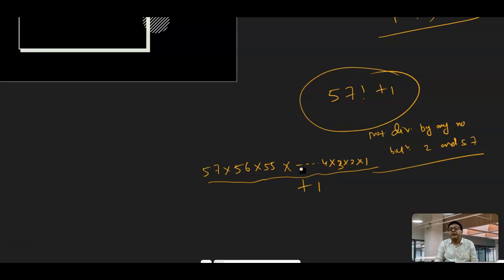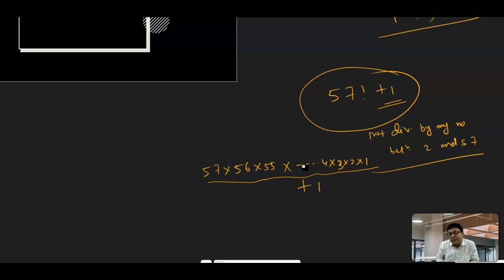No remainder is remaining. So if you divide by 57, no remainder. If you divide by 55, no remainder. Divide by 3, no remainder. But if you write plus 1, every time the remainder is 1. So it is not divisible. So factorial 57 plus 1 is never divisible by any number between 2 and 57.